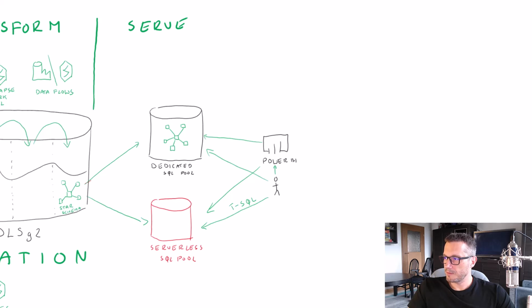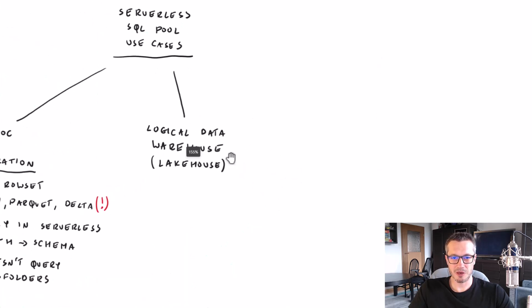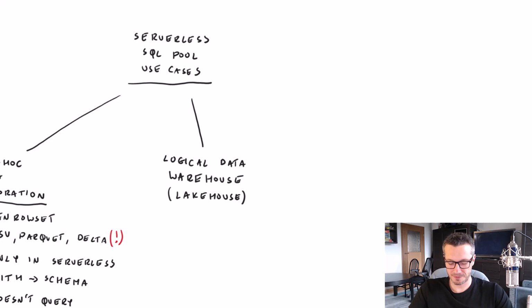All right, so how to make this work? How to make sure that we could use this logical data warehouse together with serverless? So let's go back to our use cases. And you should already have a clue what we could use.